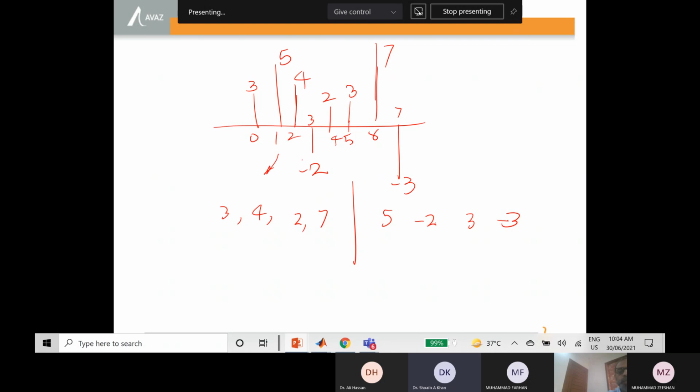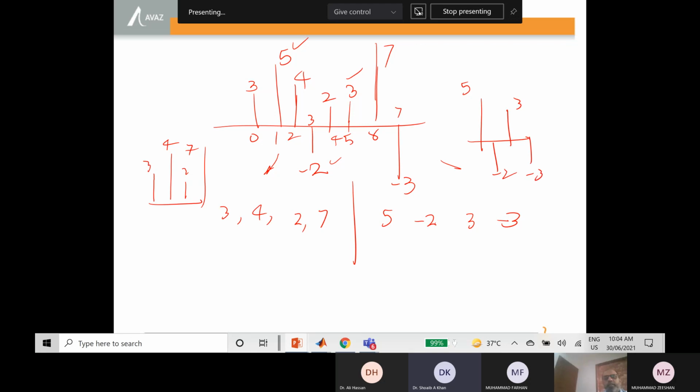Okay, we split it into two signals. You split this signal into 2 signals.